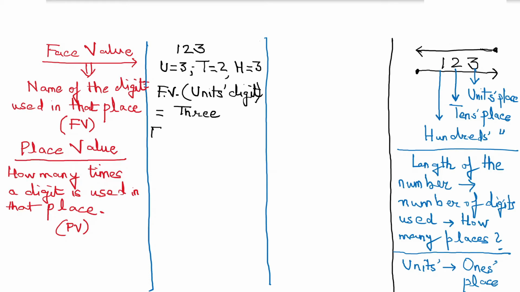Analogously, when you say face value of the digit used in the tens place, or the face value of the tens digit, I can also use a terminology like face value of the tens place, or the face value of the digit in the tens place, or the face value of the tens placed digit, which is a combination of both the discussions that I have done.